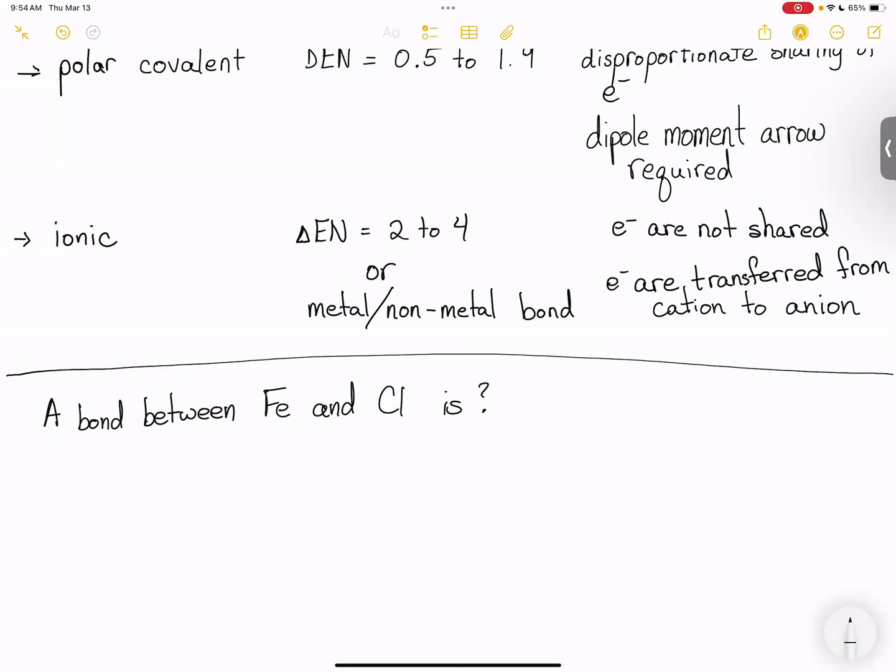If I have a bond between iron and chlorine, what kind is it? It's ionic. How about sulfur and chlorine?